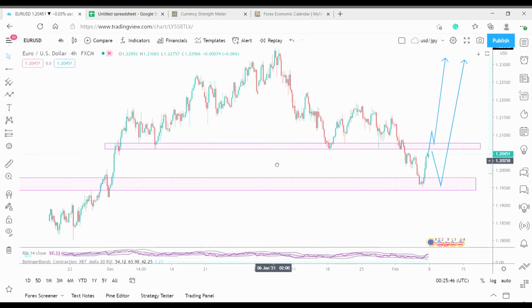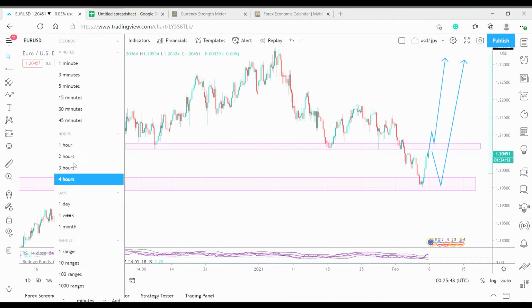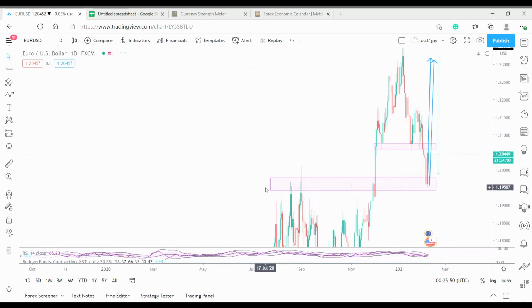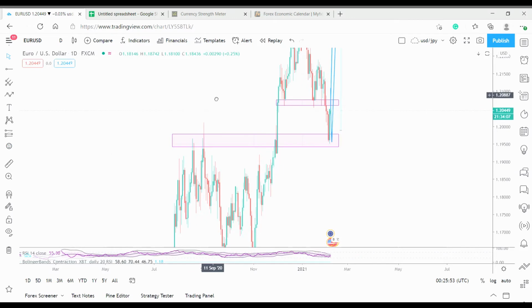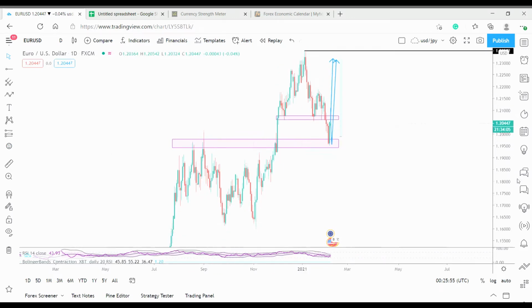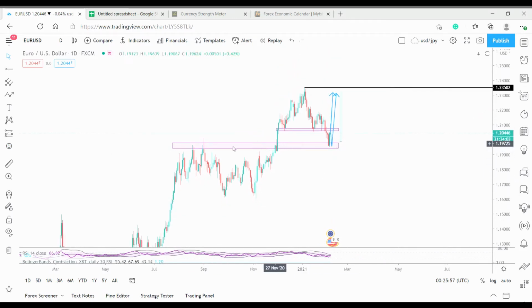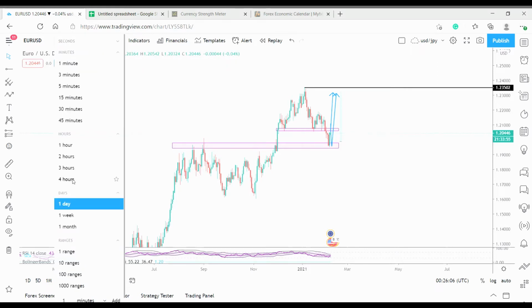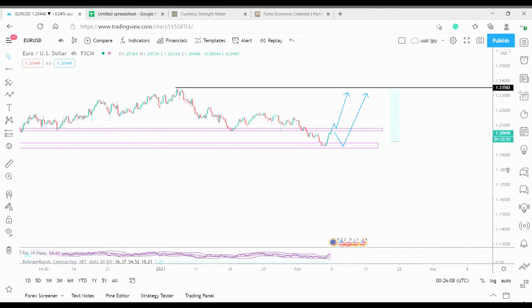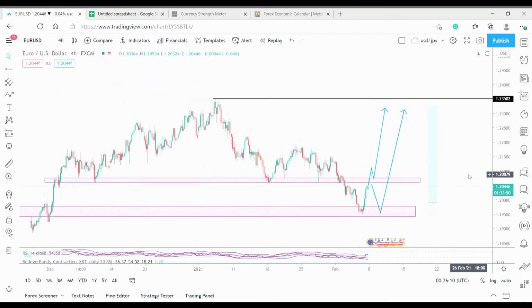All right, so on the Euro US dollar daily time frame, we can see that there is this major support area with the market facing several rejections. Once we switch over to the 4-hour chart, let's see what's going on. There is another clear price rejection area towards where the market is heading now.